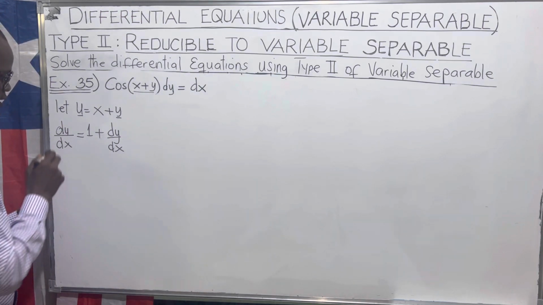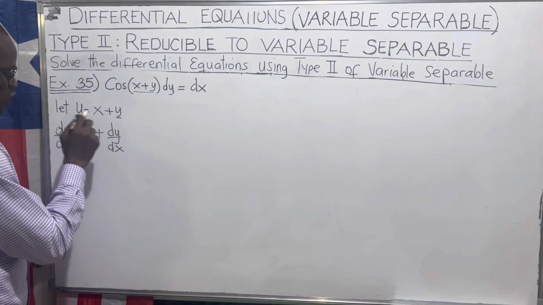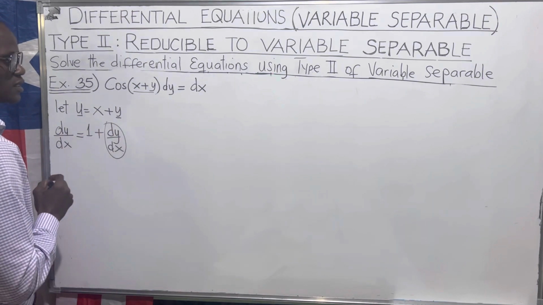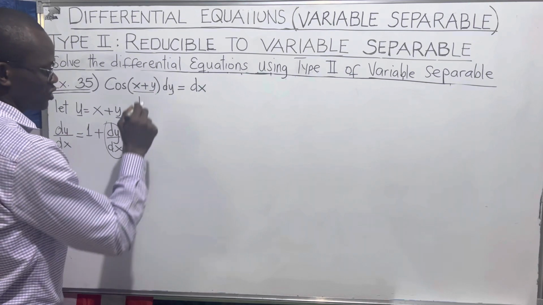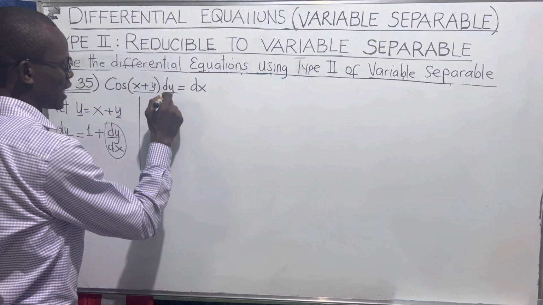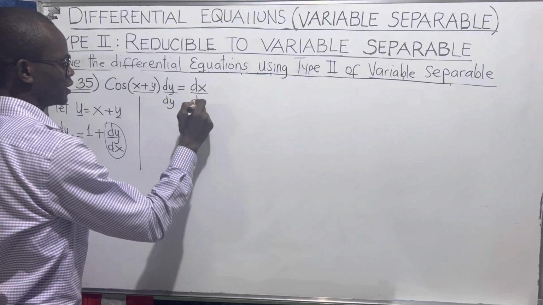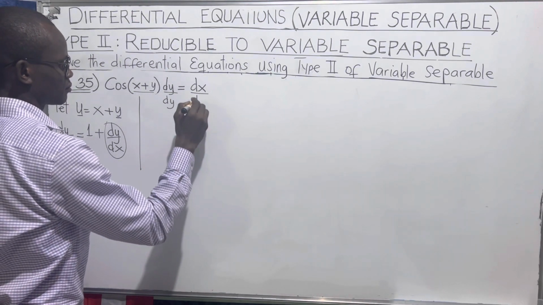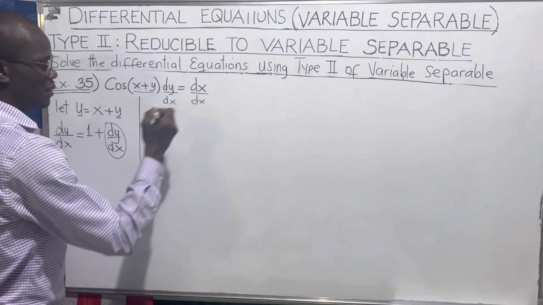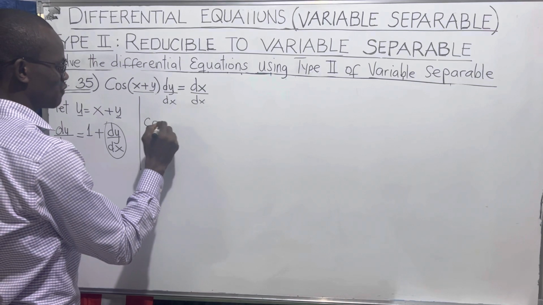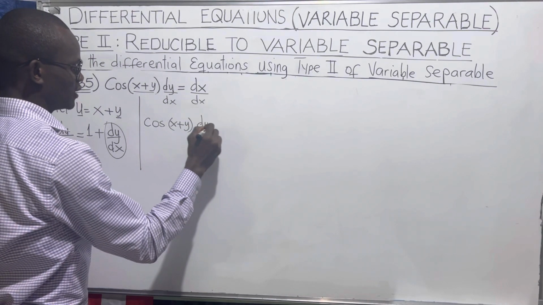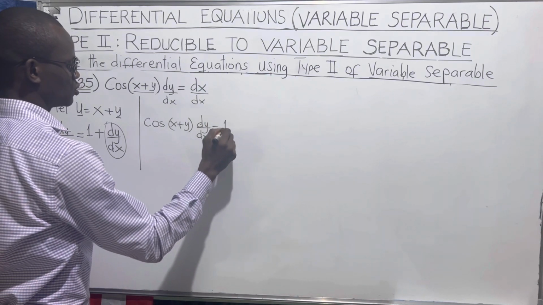So we've gotten u and we differentiated u. The next thing we need to do is to solve for dy by dx. From the original equation, we can solve for dy by dx by dividing both sides by dx. So we will have cos of (x plus y) dy by dx is equal to 1.